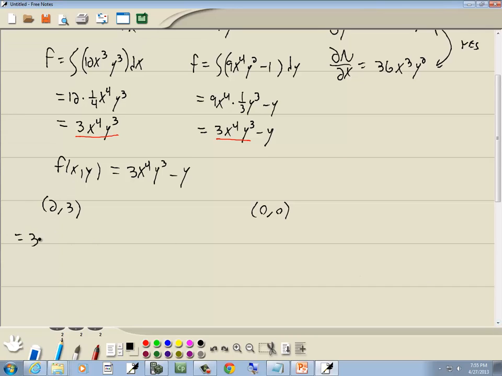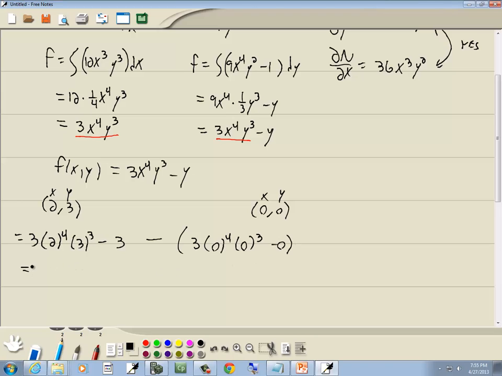So we're going to have 3 times 2⁴ times 3³, minus y, which was 3. This is our x, and this is our y. And over here, we have minus: if I put zeros in for everything, I get 3 times 0⁴ times 0³ minus 0. All that drops away.